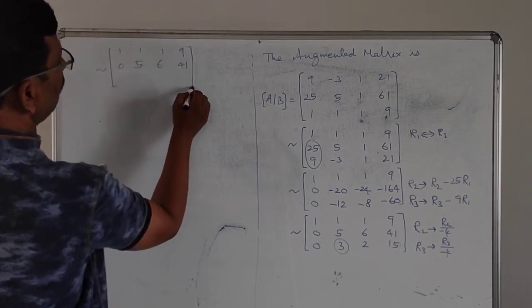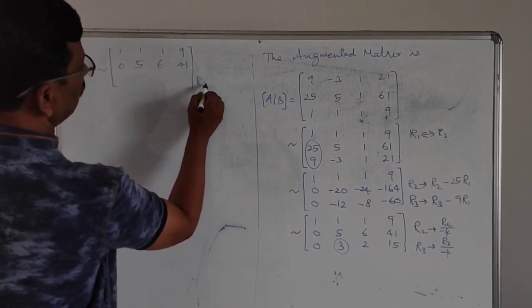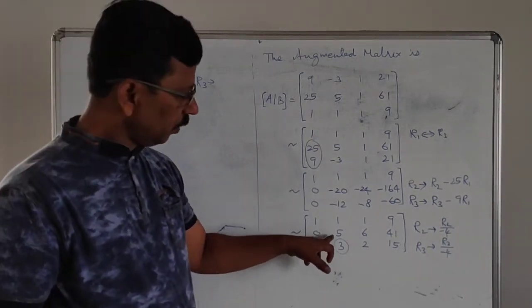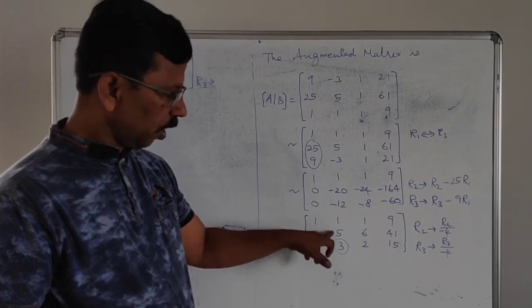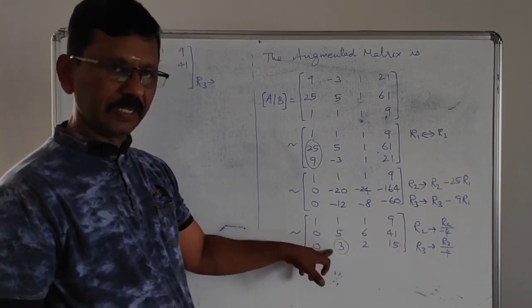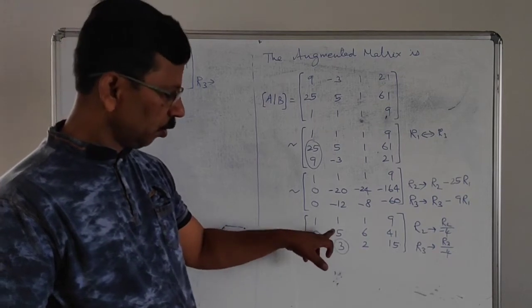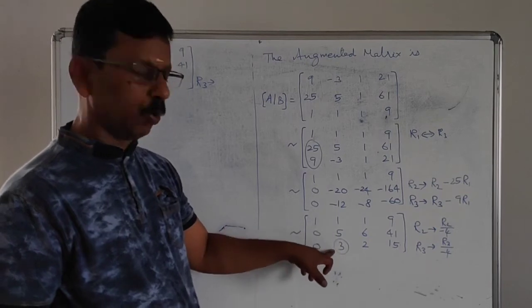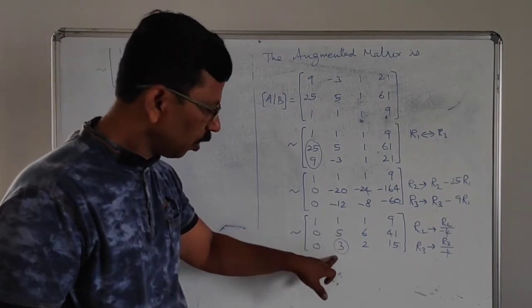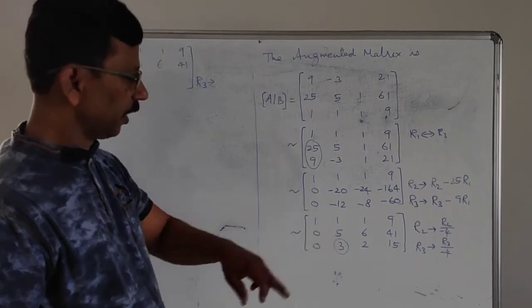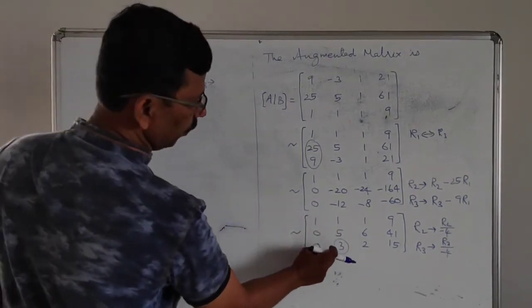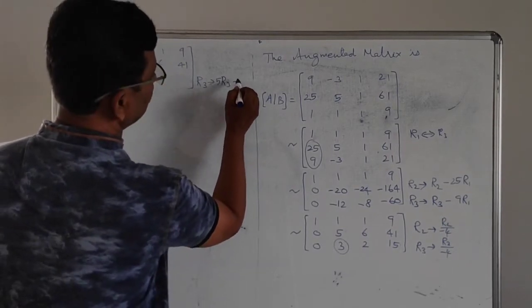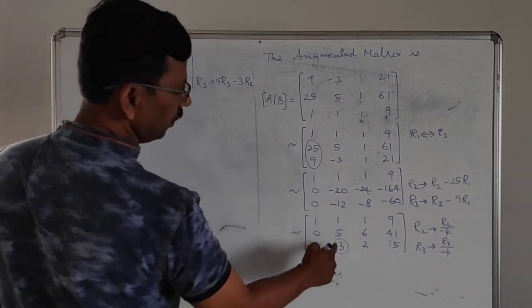Then the third row you have to make 0, so R3 gives... See here, these two do not have any common factor. Therefore, you have to take the LCM. That is, this is to be multiplied by 3 and this is to be multiplied by 5. Generally, you make these two equal. If you want to make this 0, you have to use only its previous row element. Therefore, this is multiplied by 5. That is 5 times R3 minus 3 times R2. Why? Because they have the same sign.